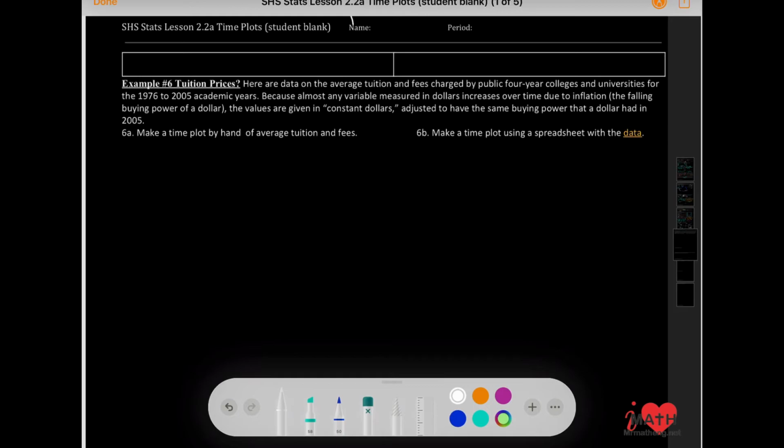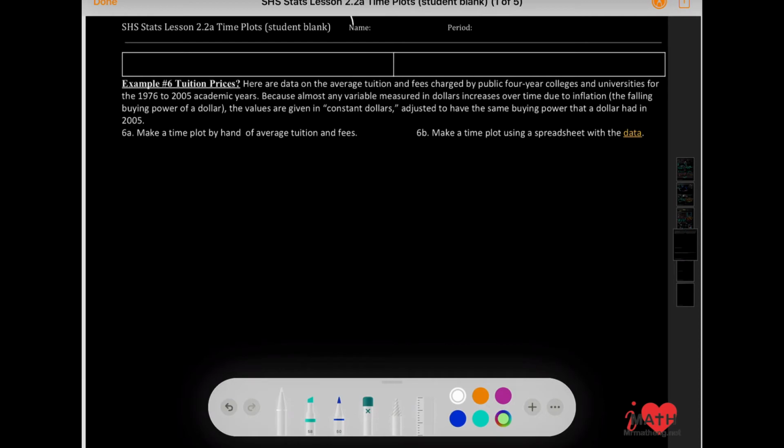Here are the data. Average tuition and fees charged by public four-year colleges and universities for 1976 to 2005 academic years. Because almost any variable measured in dollars increases over time due to inflation. What is inflation? It is the falling buying power of a dollar.